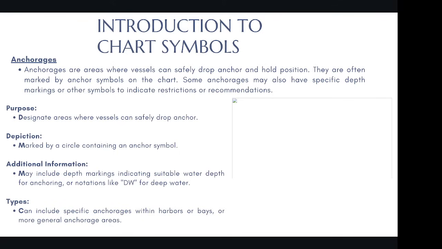The depiction of this is marked by a circle containing an anchor symbol. The additional information that you need to remember is that it may include depth markings indicating suitable water depth for anchoring, or notations like DW for deep water.